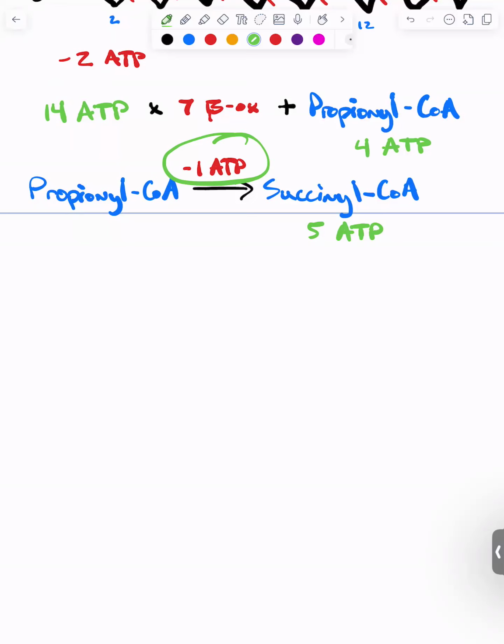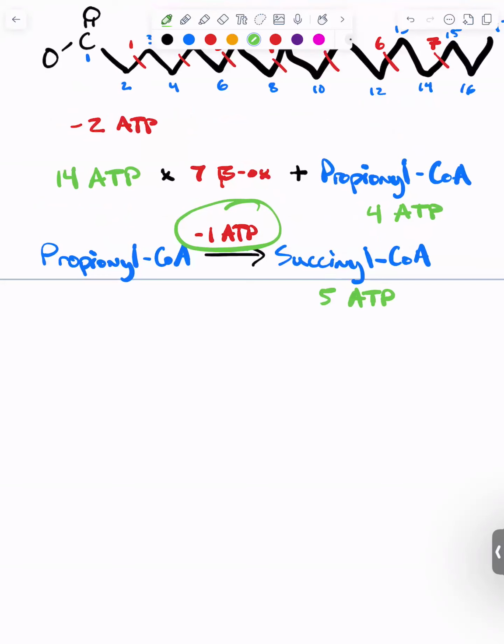You do need to understand propionyl-CoA converted to succinyl-CoA, expensive 1 ATP, succinyl-CoA worth 5 ATPs. But if I'm just doing calculations, you can just count propionyl-CoA as 4 ATPs. And so a 16 carbon chain, palmitate, is equal to 106 ATPs. Then a 17 carbon chain is worth 6 less.